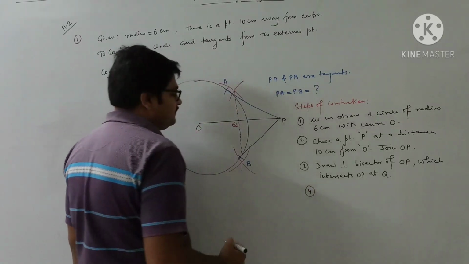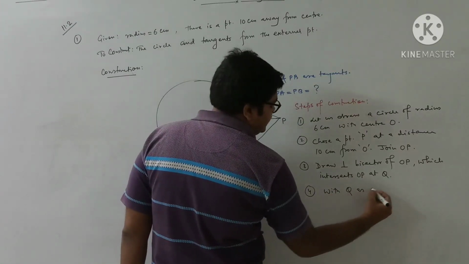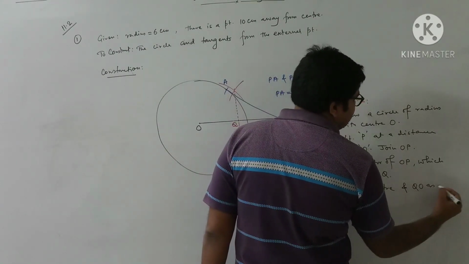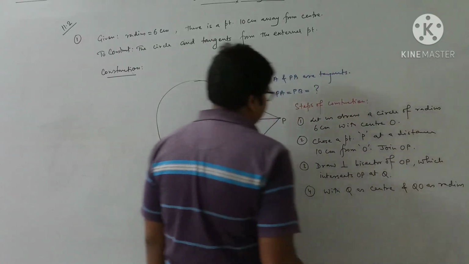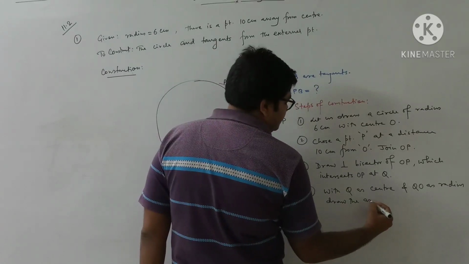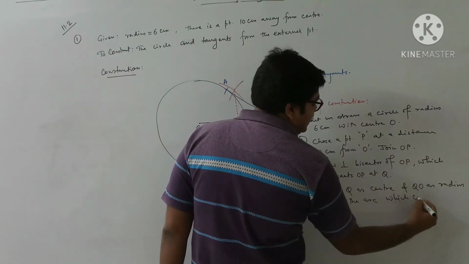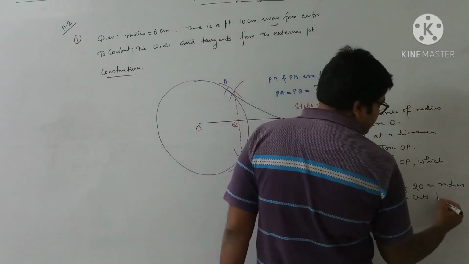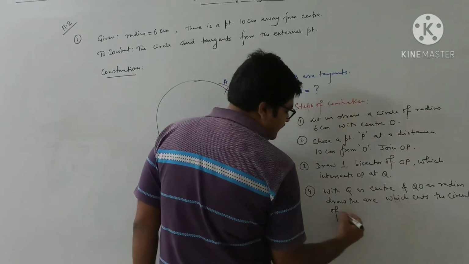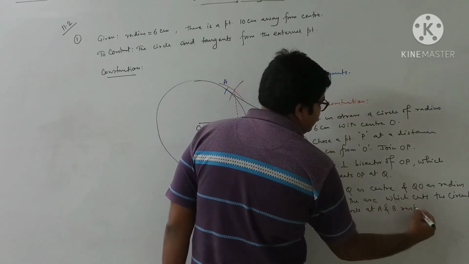Now number 4, with Q as center and QO as radius, draw the arc which cuts the circumference of the circle at A and B respectively.